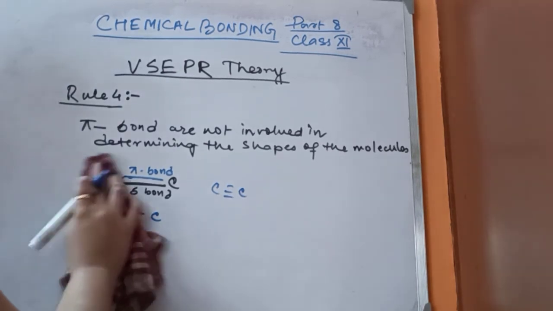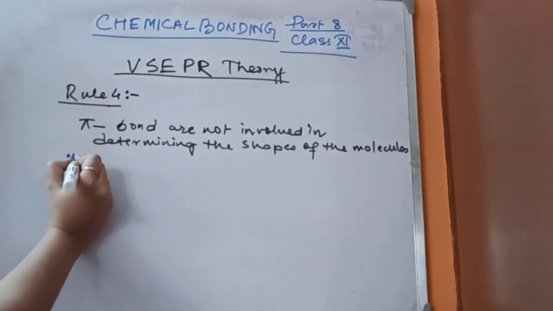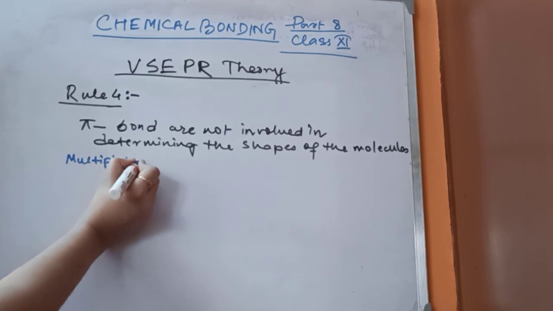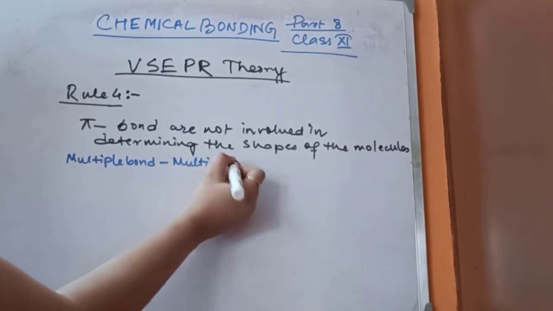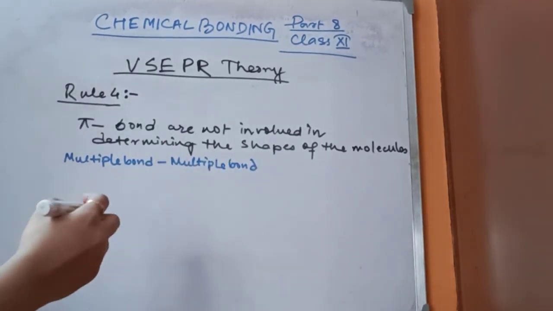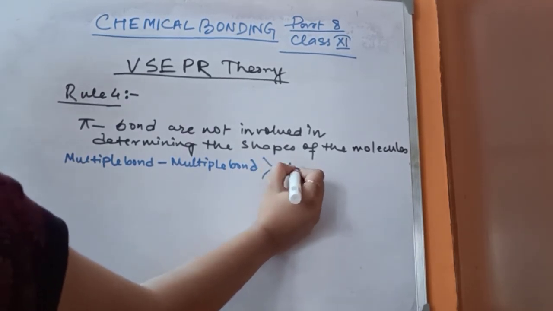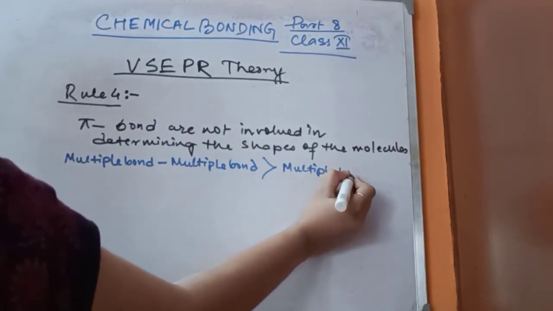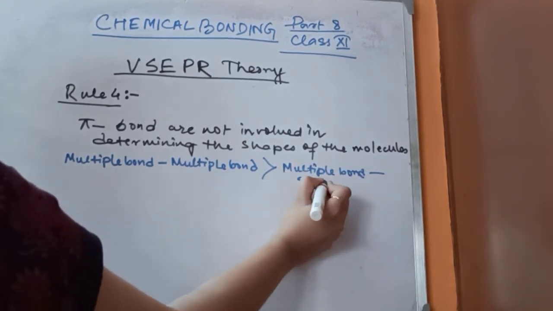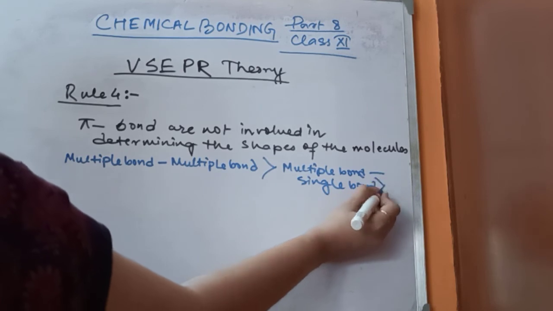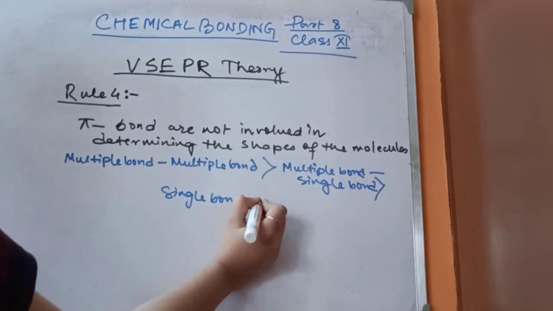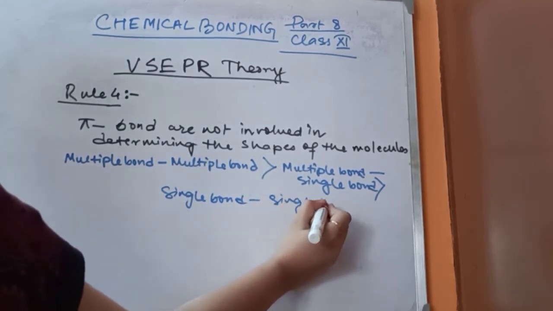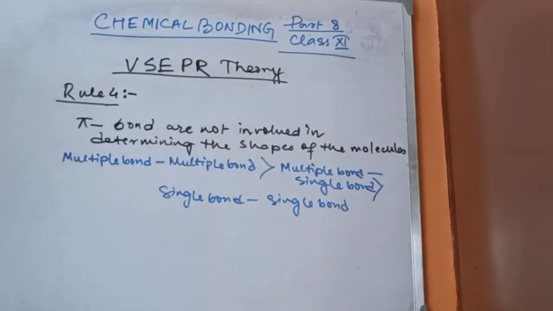We can say that multiple bond repulsion is greater than single bond repulsion, which in turn is greater than single bond repulsion. Okay, now I'll come to the exception.